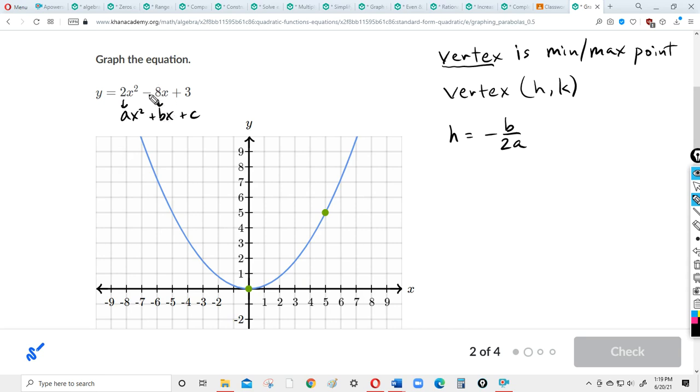Make sure you watch the plus minus signs. So this is negative, and b is negative 8. And we have a 2 in the denominator times a, which we said was 2.